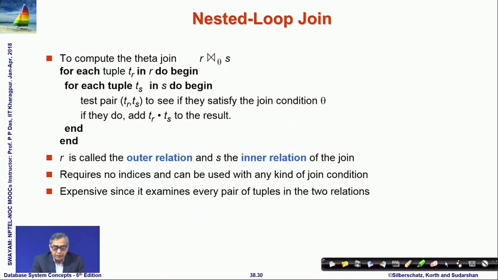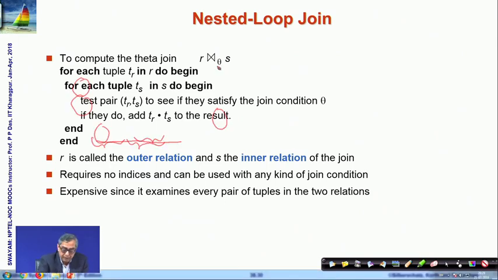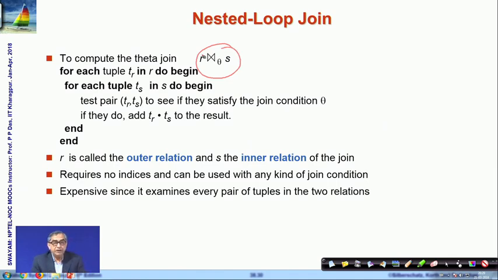In nested loop join, what we are trying to do is very simple. We have two relations, R and S, and a condition theta, and we are doing a theta join. What needs to be done in terms of theta join in relational algebra? We do a Cartesian product, and then in the Cartesian product we check this theta condition. In the basic Cartesian product, all records of R have to be connected to all records of S. That can naturally be done using a nested for loop.